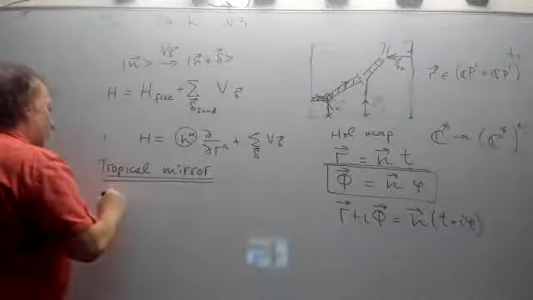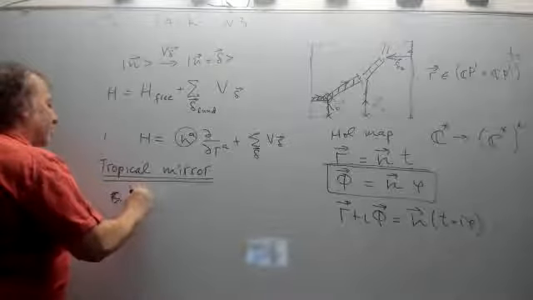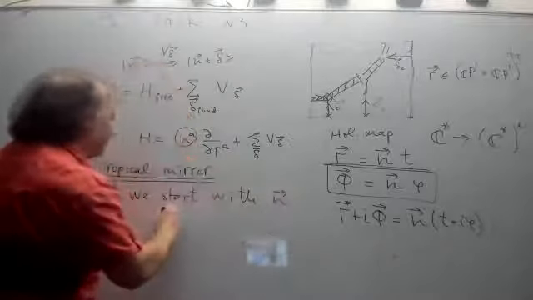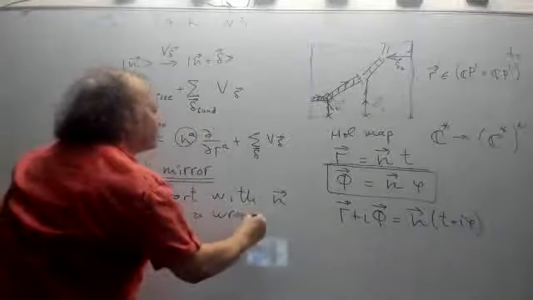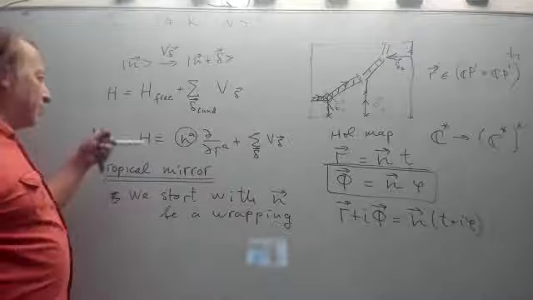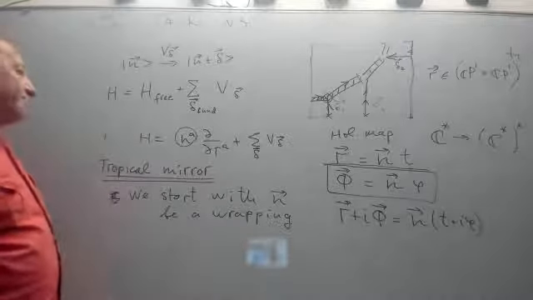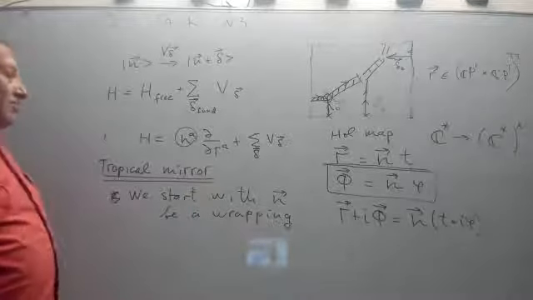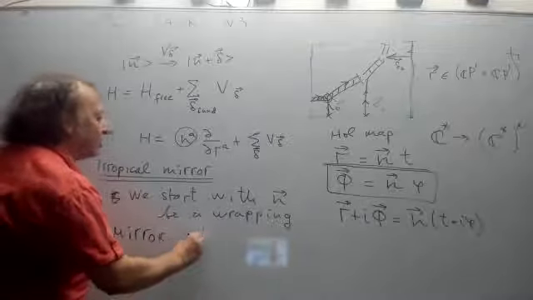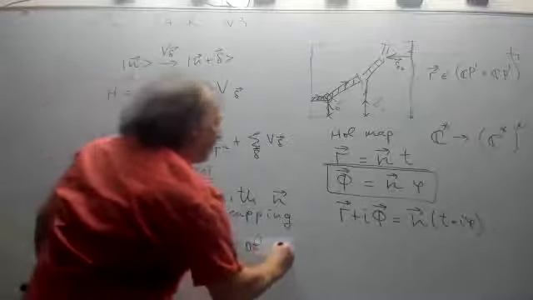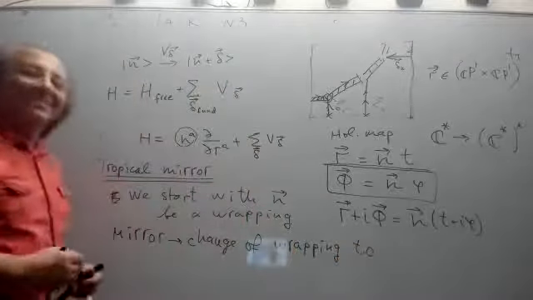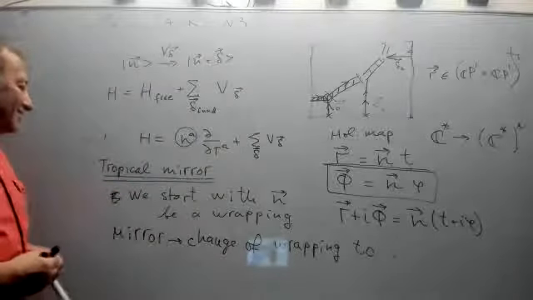So for a moment, we start with n being a wrapping. Hamiltonian is proportional to this n. Now, what is mirror? Mirror is the change of wrapping to what? Pasha, are you here? I am here, but I don't know.